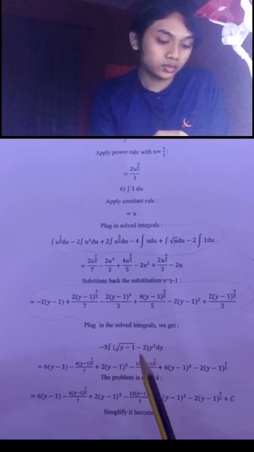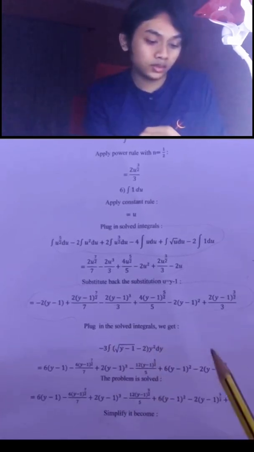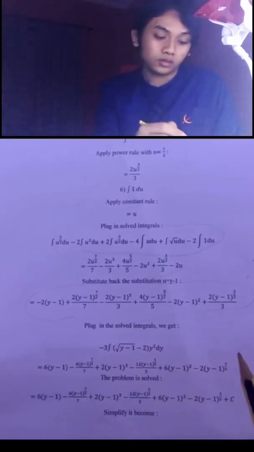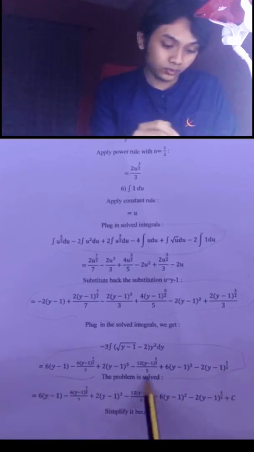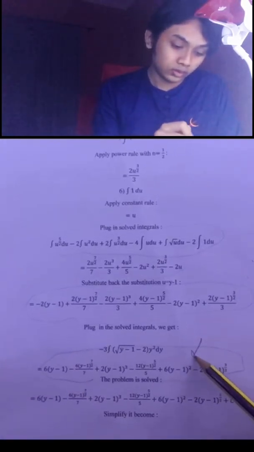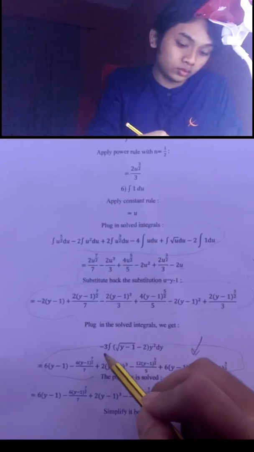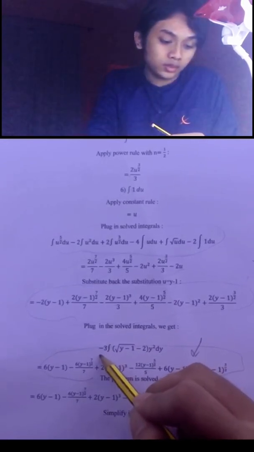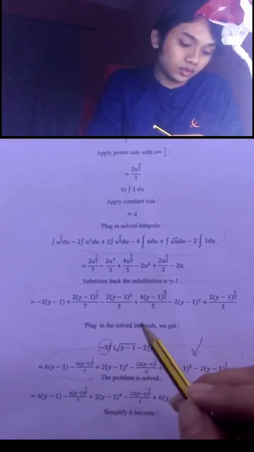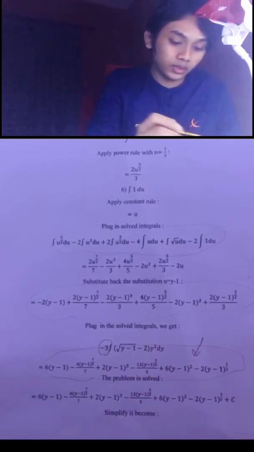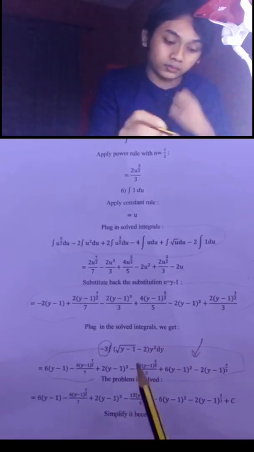As we get this one, we plug in the integral and we get this one. For this one we need to multiply by the k constant that we left at the beginning.